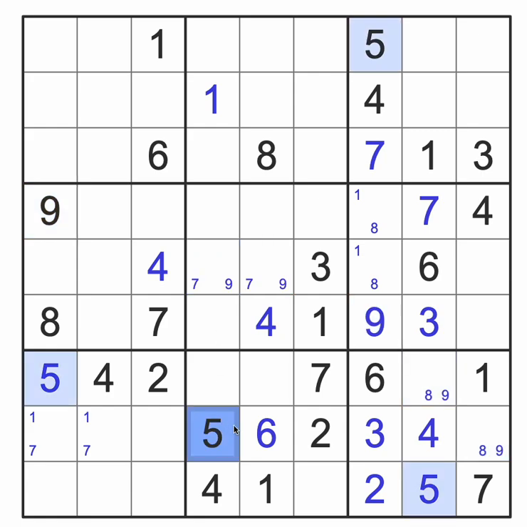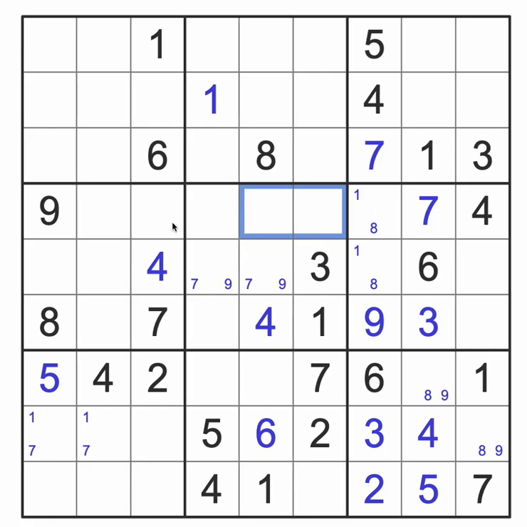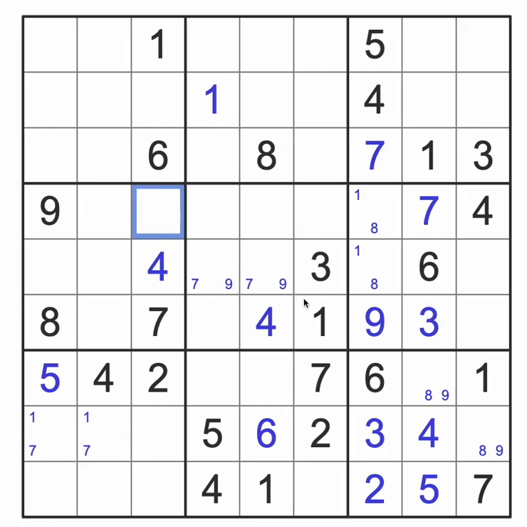And 5 here blocks these, and this cannot be 5. So 5 will be here or here. So that means this cell cannot be 5. And looking at this column 3, because of this 5, which blocks these 2, there's only one cell where I can place 5, which is here.